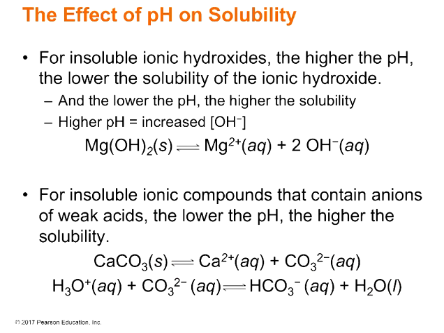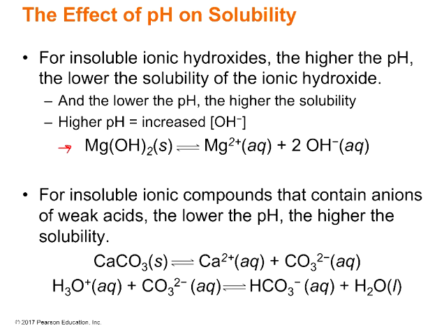What about pH? How does that affect solubility? Down below we have magnesium hydroxide, and it's dissociating into magnesium ions and two hydroxide ions. Now, what if we increase the pH of this solution?